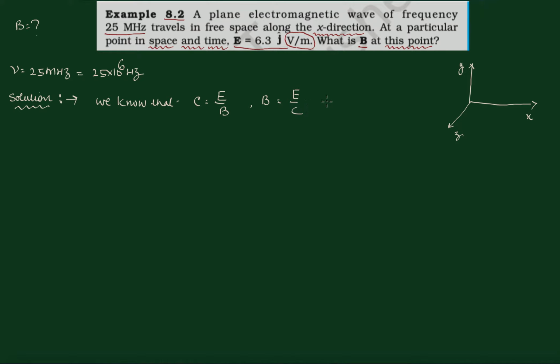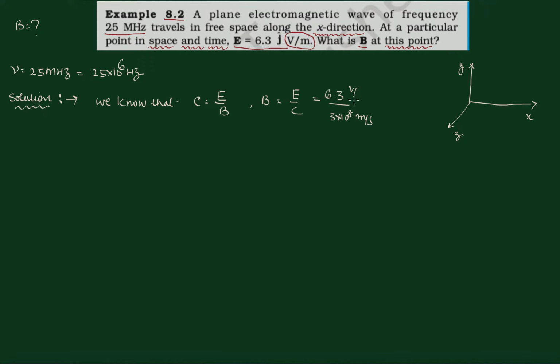So you can write now this as electric field is 6.3. This is the direction. No, I cannot write it like this. मैग्नीट्यूड की बात करते हैं. 6.3 upon 3 cross 10 to the power 8 meter per second.